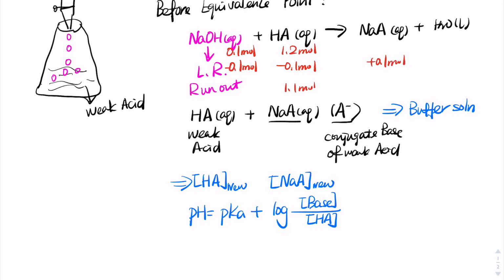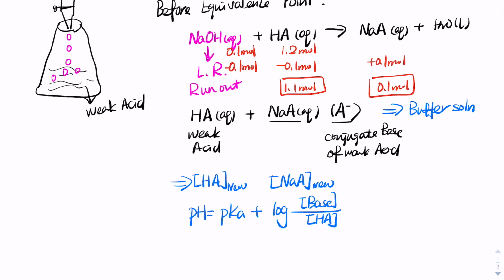That's 1.1 leftover moles of acid, and I have 0.1 moles of that salt. And then of course you know the volume, you can divide by the volume. Since they're in the same solution, the ratio of the concentrations will equal the ratio of the moles.